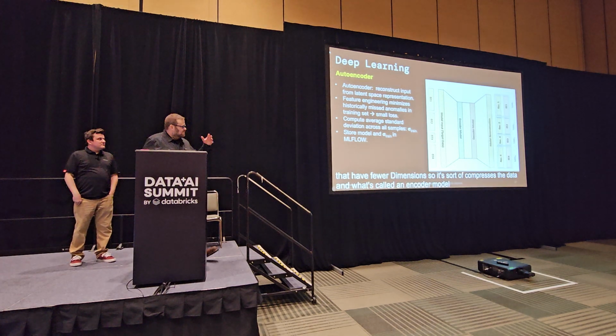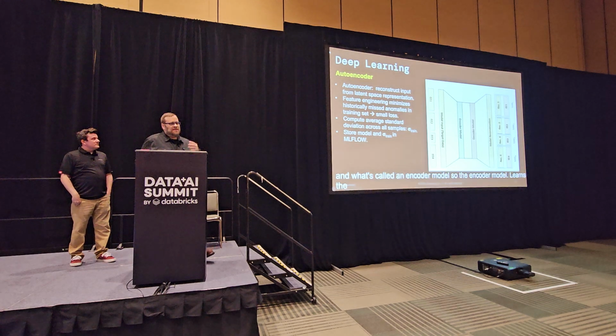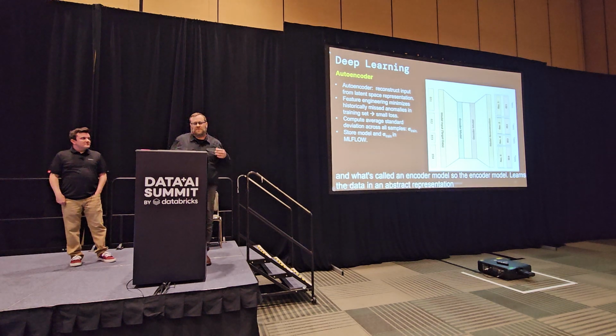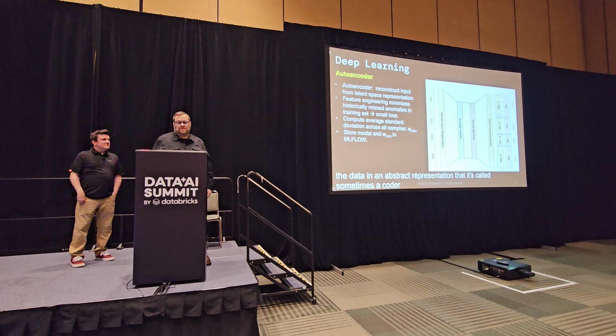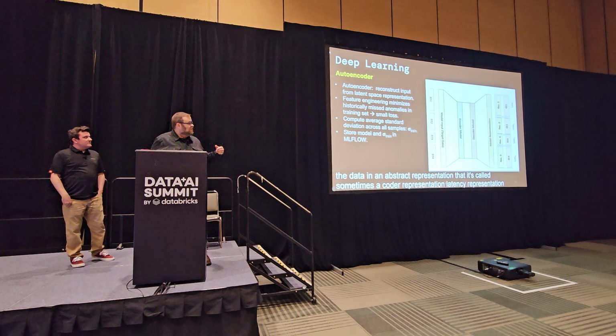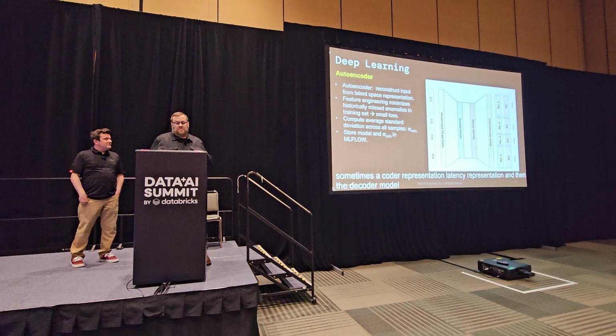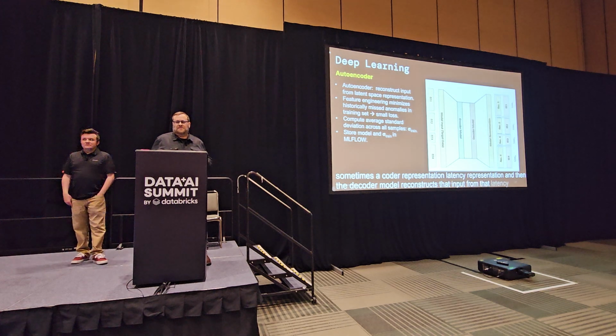So the encoder model learns the data in an abstract representation that's sometimes called the encoder representation or latent representation, and then the decoder model reconstructs that input from that latent representation.